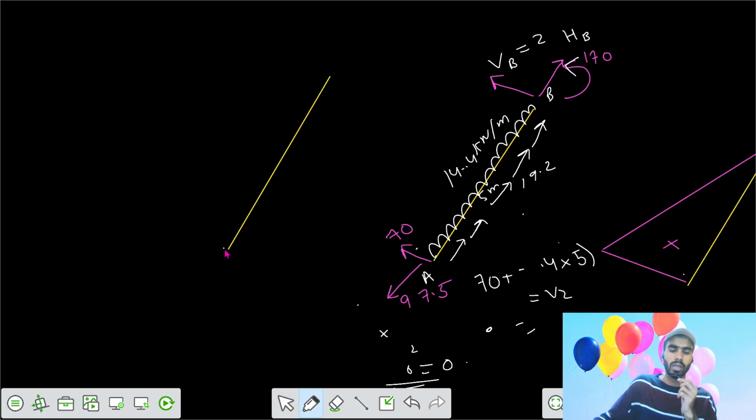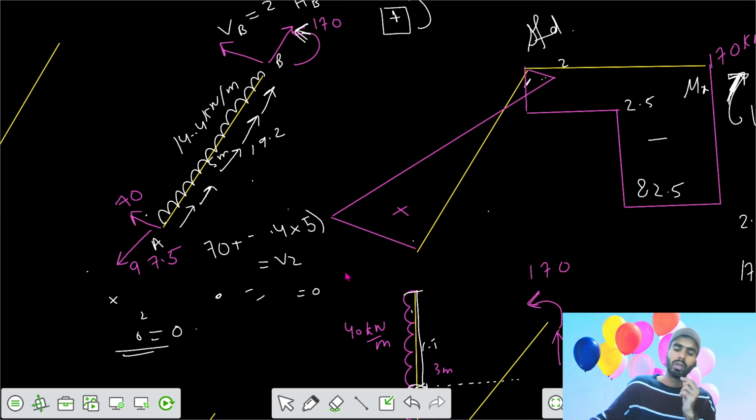Here the support was that hinged support, so the moment here is 0. Then we had a 170 kilonewton anti-clockwise moment on the left side of the section. If your moment is anti-clockwise on the left side of the section, that is positive moment. You can also check that from your loading diagram, because your shear force diagram is positive. That means the area of the shear force diagram is positive, so your bending moment would be positive.